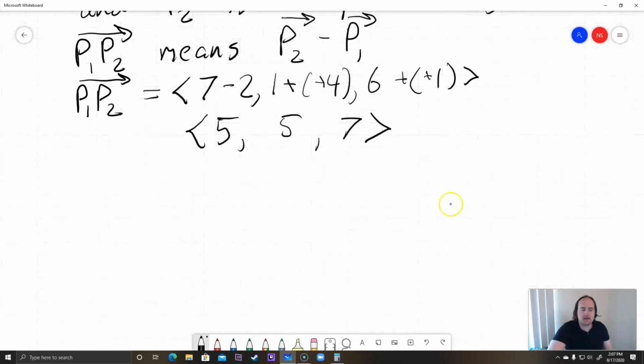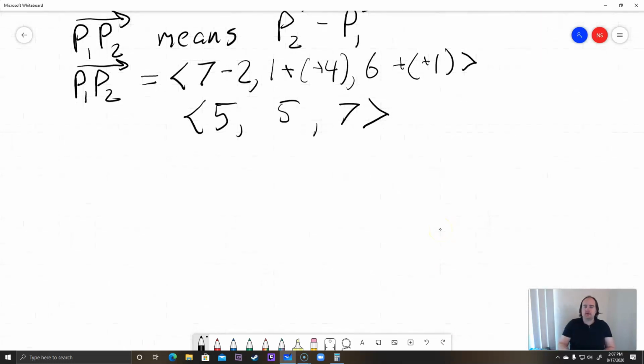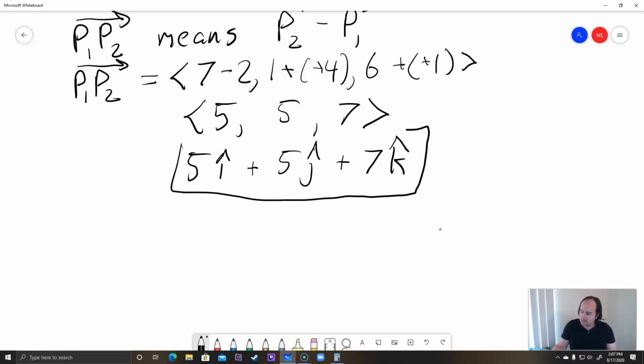So all we have to do at the end here is write it as 5i hat plus 5j hat plus 7k hat. And then I'll box that. That's going to be our answer. On MyMathLab, it might not have a little hat, but it'll just have the unit vector in bold there. So it'll just be bold i, bold j, and bold k.